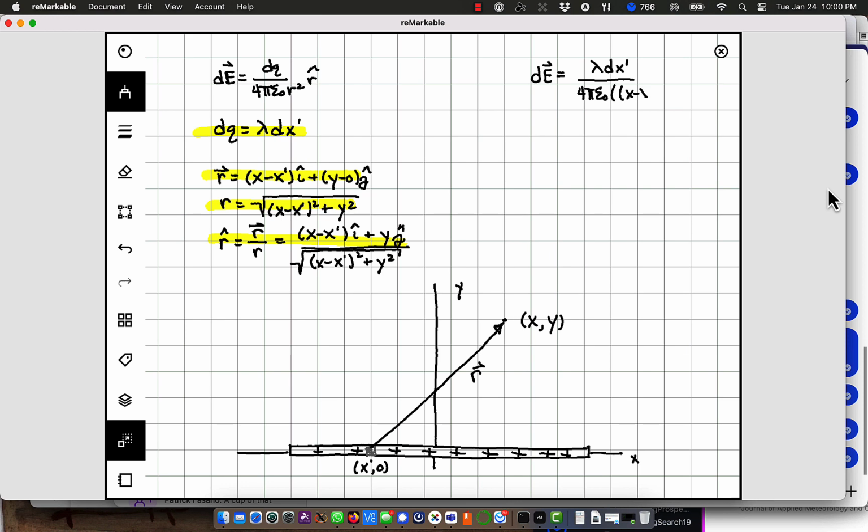The r squared is going to be that square root term squared, so that's why the square root goes away. And now it's going to be times r hat, so we'll just write r hat in the next line, times x minus x prime i plus y j over that square root term, the magnitude term.